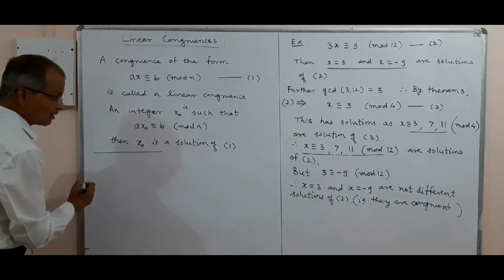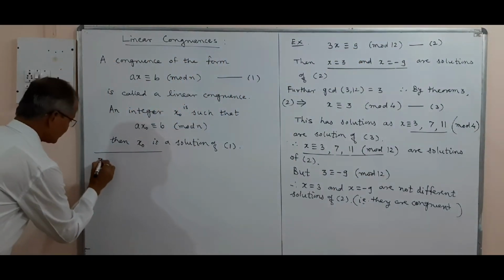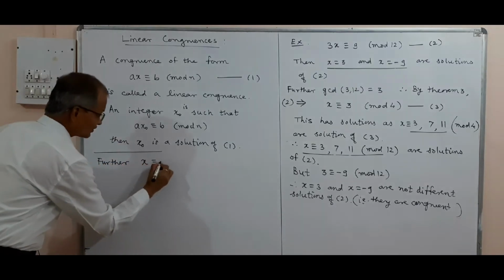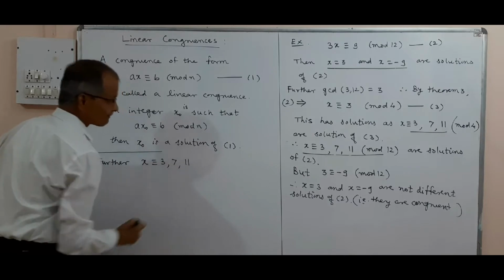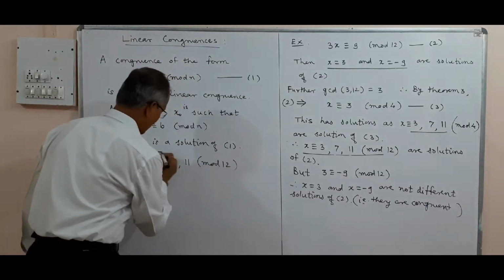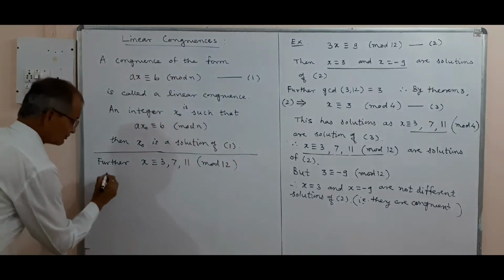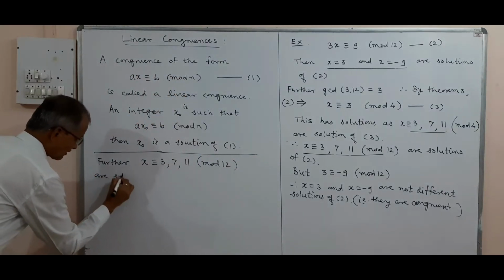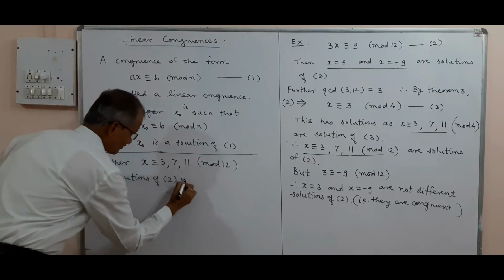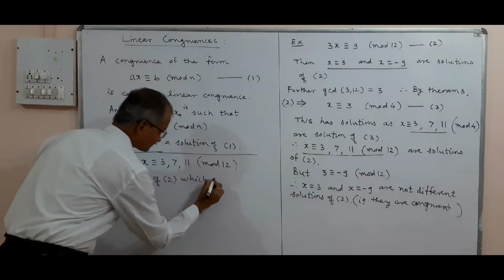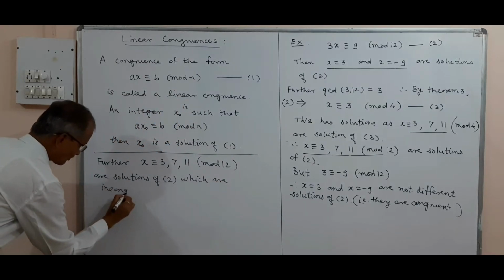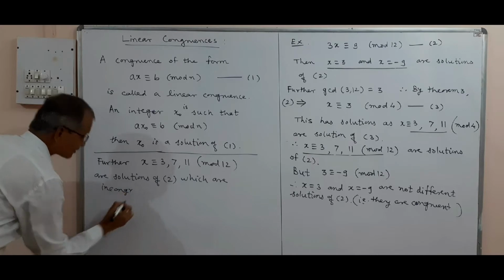And further, x congruent to 3, 7, 11 modulo 12 are solutions of 2, which are incongruent modulo 12.